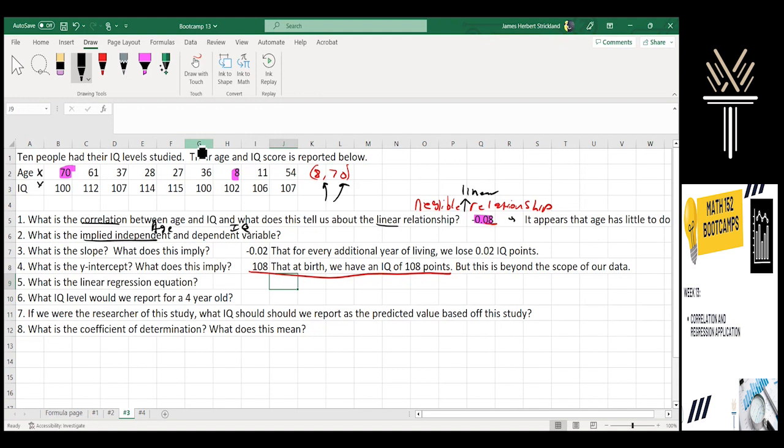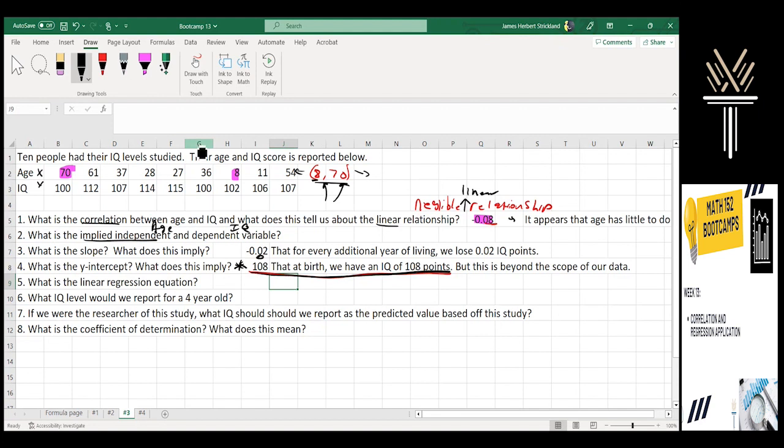We have no idea about anything that happens before 8 or anything that happens after 70. We only know that little range. And the intercept assumes that the X value is 0, which is definitely lower than 8. And so it's beyond the range. So we can't actually report this as an actual value, but its meaning is literally this sentence.